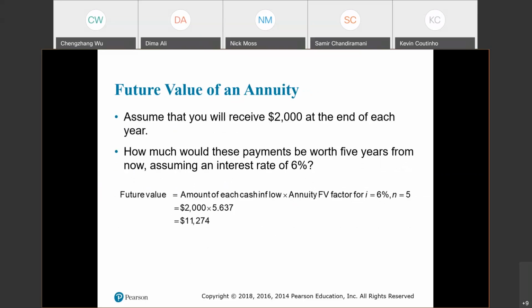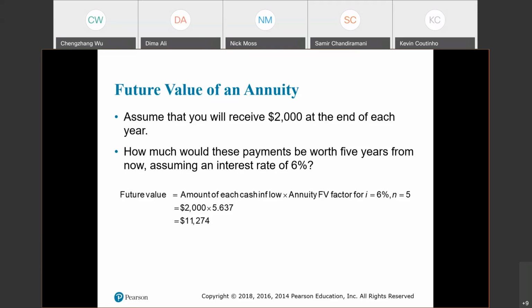Now, let's assume that instead of receiving the lump sum at the end of 5 years, you will receive $2,000 at the end of each year. So this is a series of equal payments over equal intervals, so this case is considered an annuity.